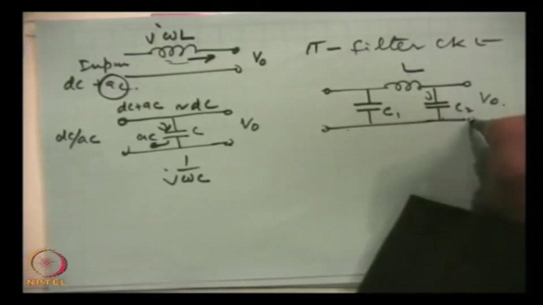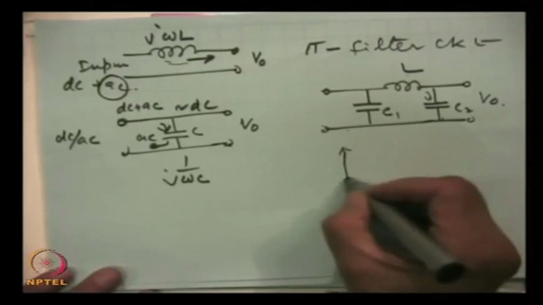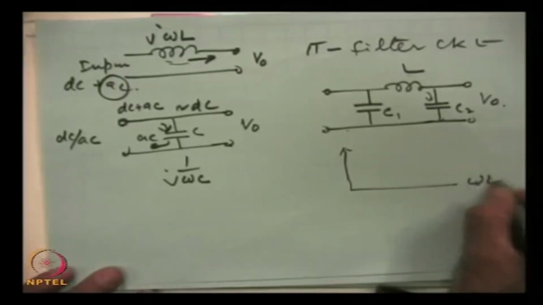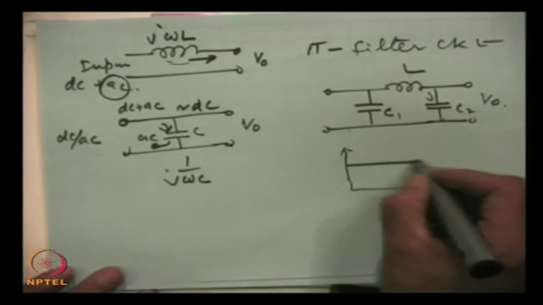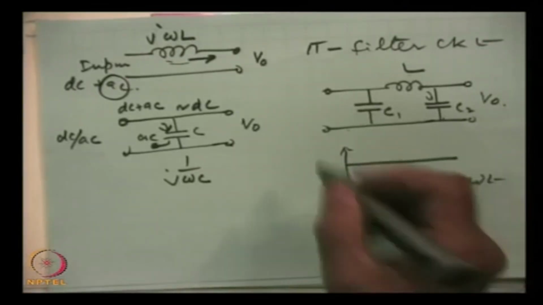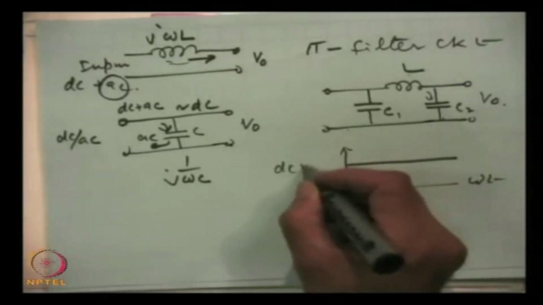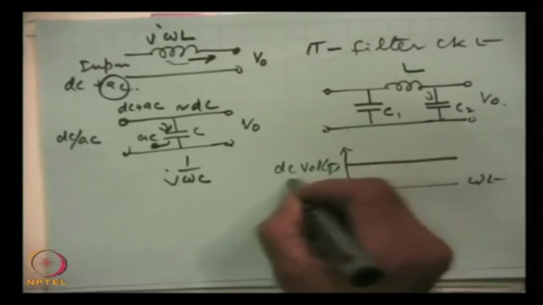So here we get almost a very smooth DC. This is omega t, and we get a very smooth DC voltage.